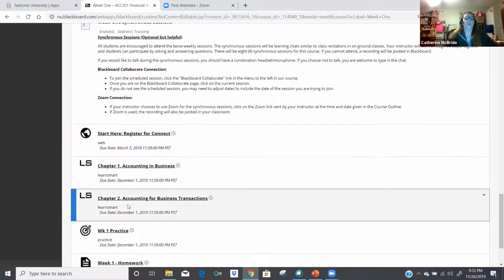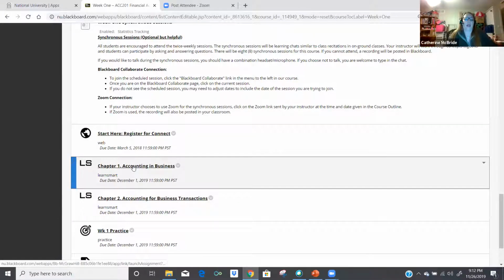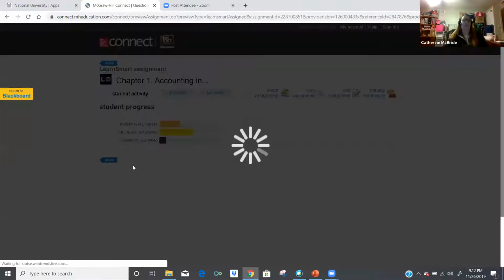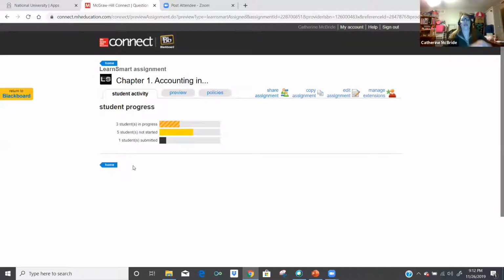LearnSmart is a tool that is actually optional for you. You can use it or not use it, and I will give you the points for it. But here's where it's beneficial. Everybody learns differently. For some people, reading the book and watching the videos is great. For other people, working the activities is great.